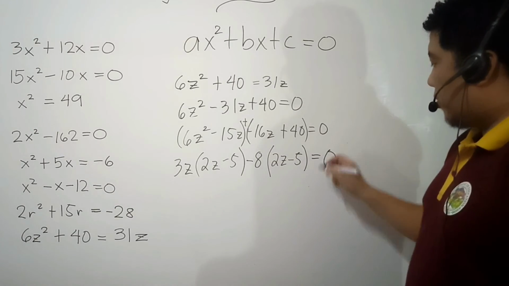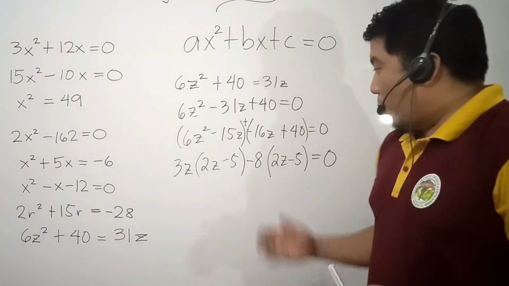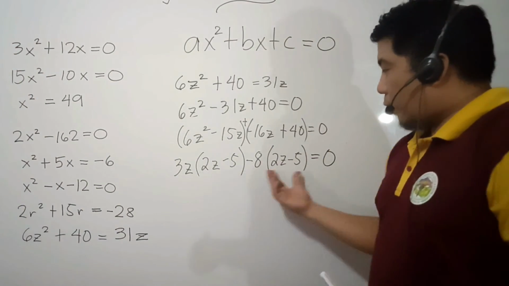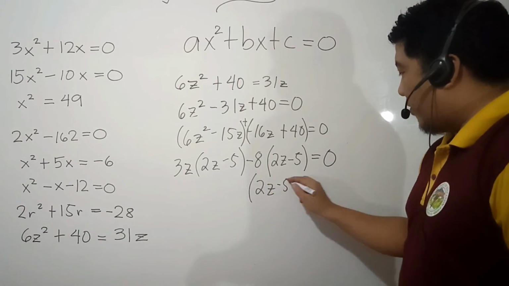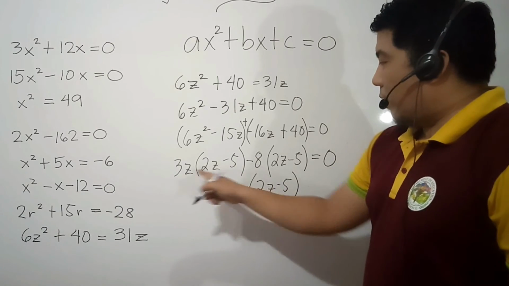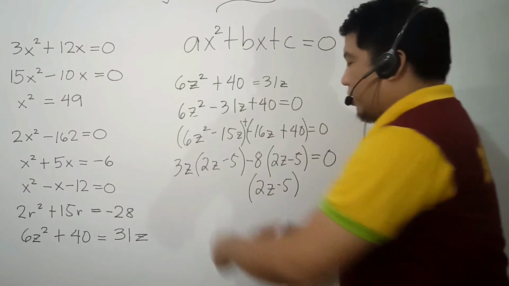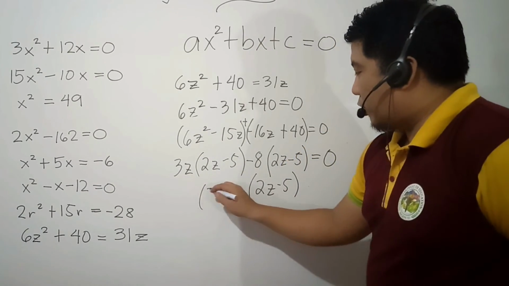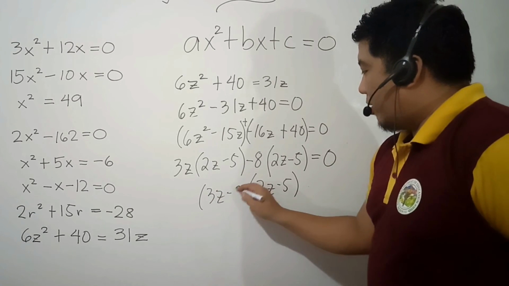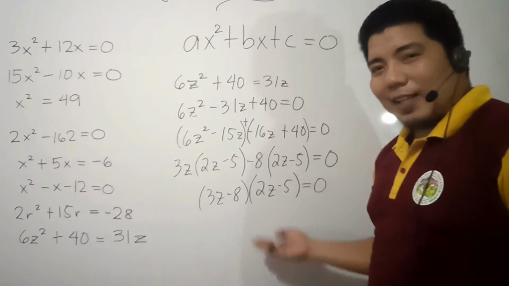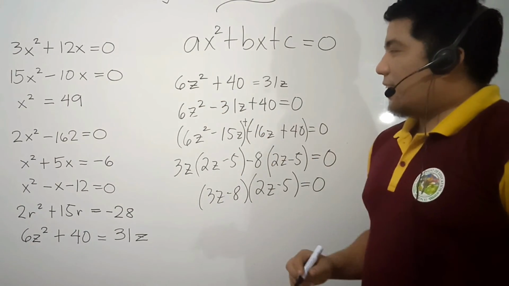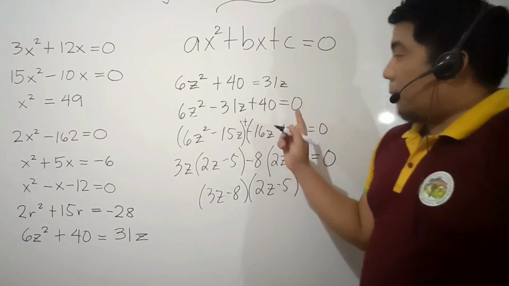Now we have our common factor, 2z minus 5, and we also need to take the two factors outside into one factor. So we have 3z minus 8 is equal to 0. Those are the factors of our 6z squared minus 31z plus 40.